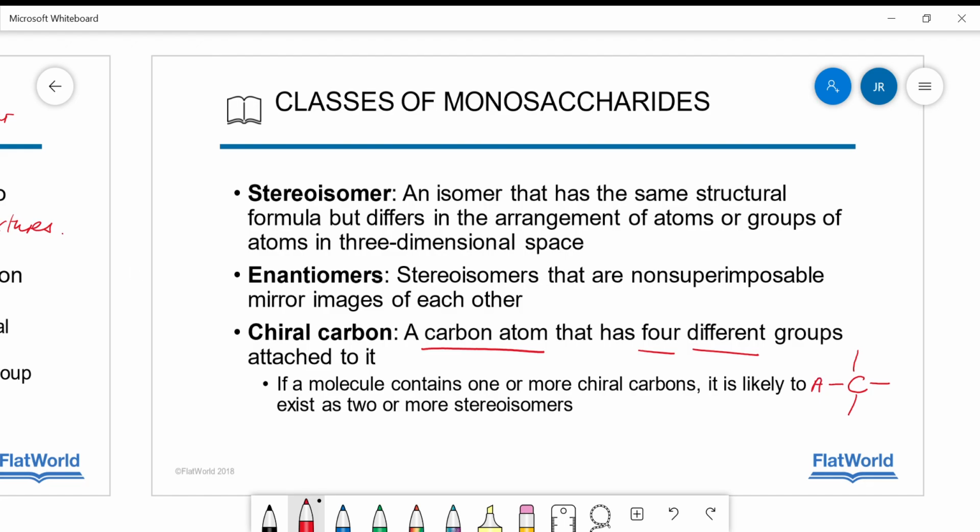Let's call them A, B, C, D. And what's important is that A does not equal B, does not equal C, does not equal D. If we see that, then we can label a chiral carbon with an asterisk, and we would call that specific carbon with the asterisk a chirality center.